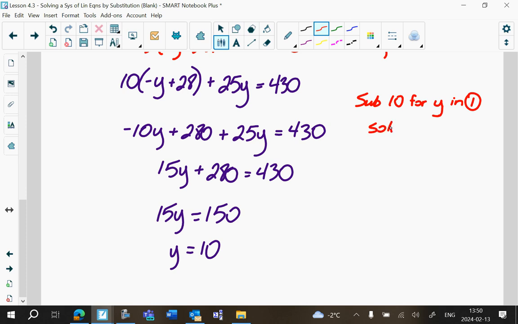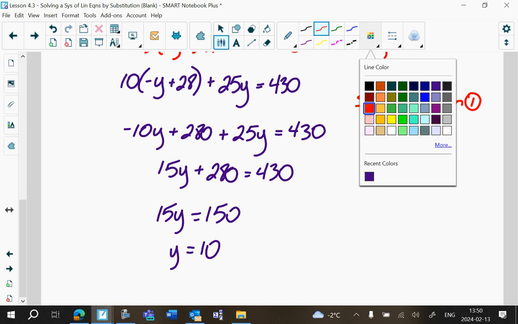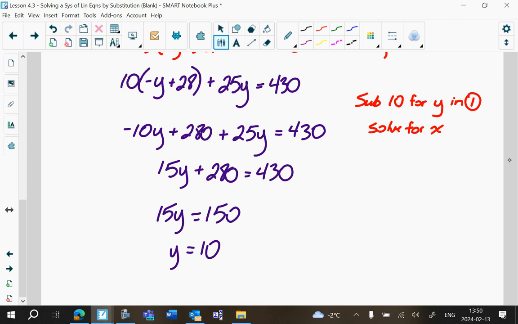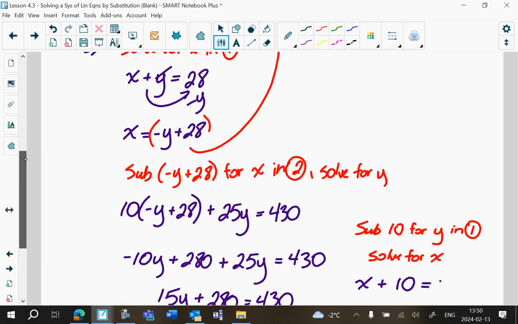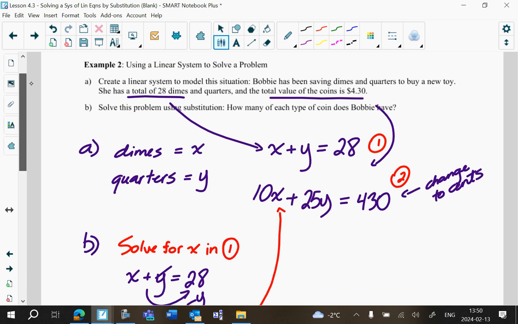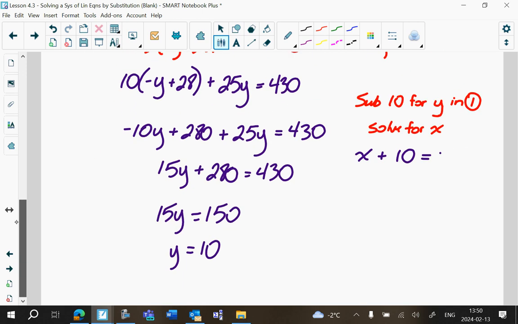Because when you plug it in there, you're going to get x plus 10 equals, how many were there? 28? Yeah, 28. So x is equal to 18.